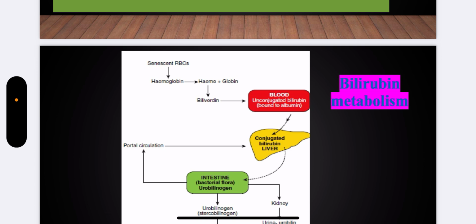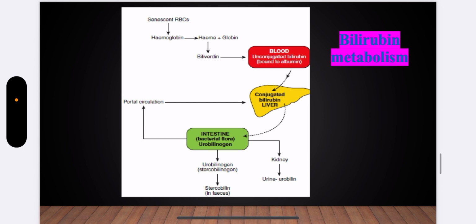Next, there is excretion of bilirubin inside the intestine. As you can see here, the bacteria present there deconjugate bilirubin and it is converted into urobilinogen. Almost 80 to 90% of this urobilinogen is oxidized by the intestinal flora to stercobilin and excreted in feces.